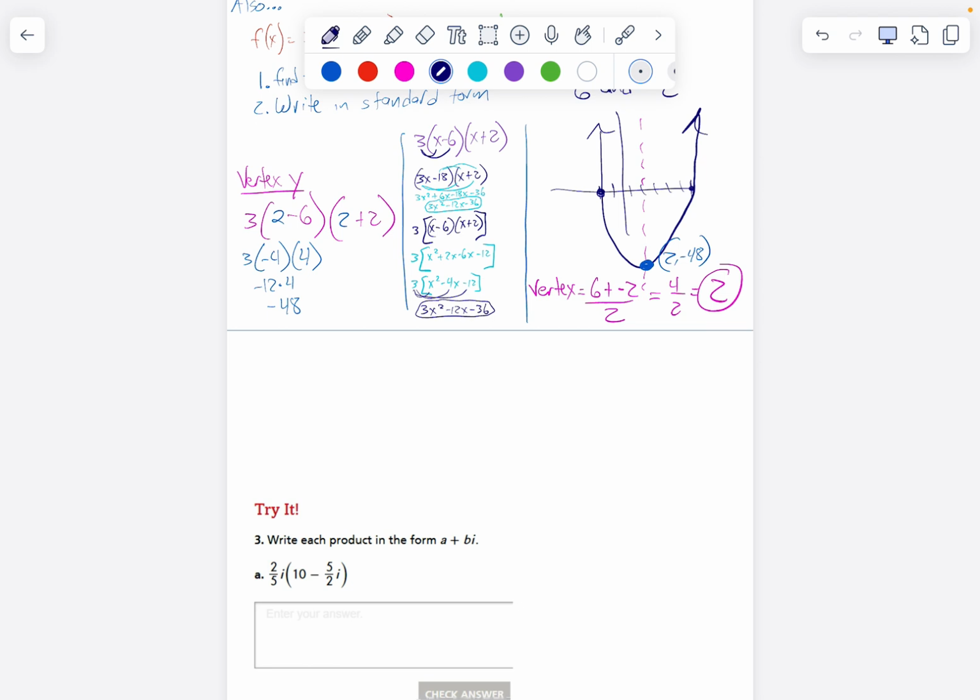Number 20 was 11. 21 was 9 minus 6i. 22, 1/12 minus 7/12 i. It's fine to leave it as a fraction.